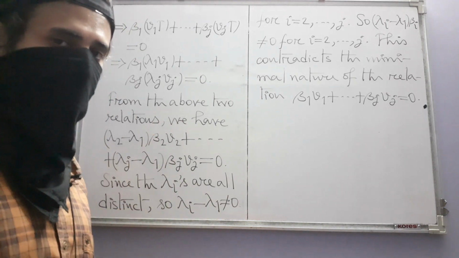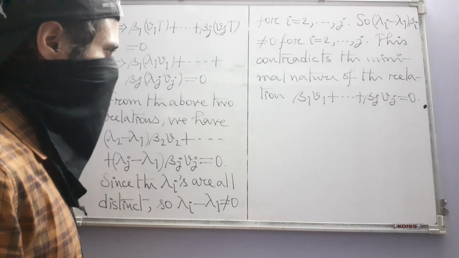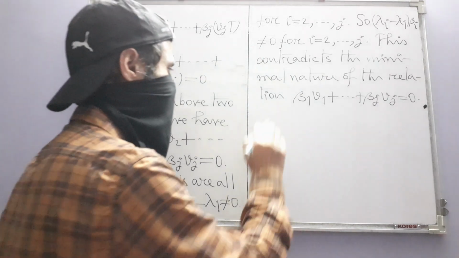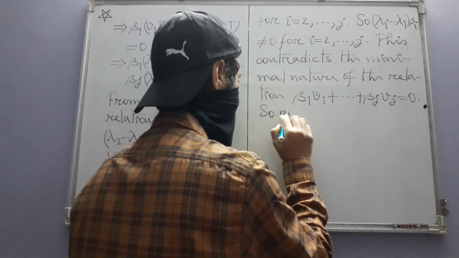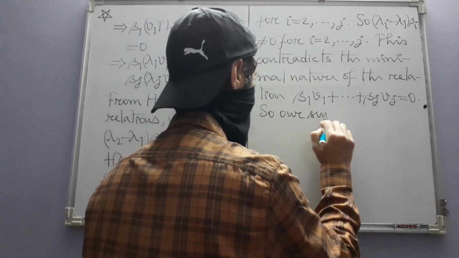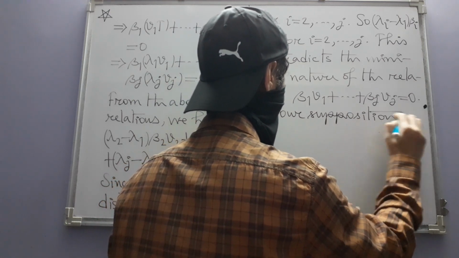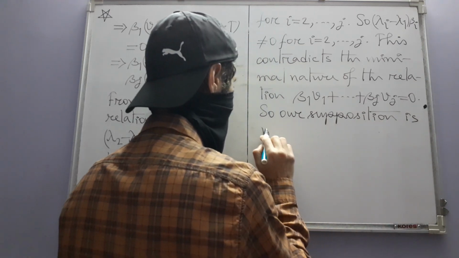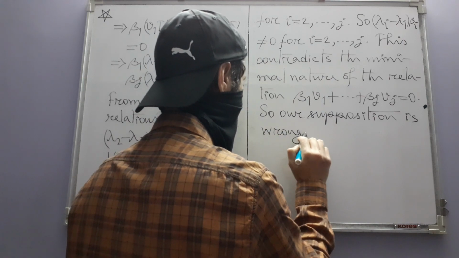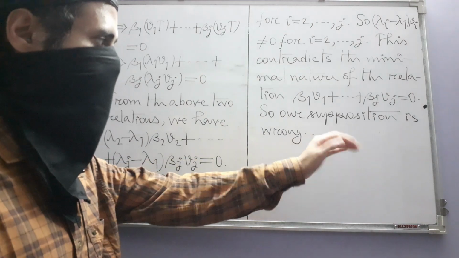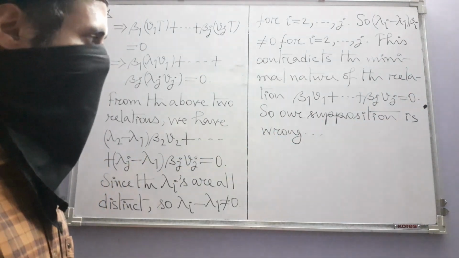In the beginning itself, we supposed that the vectors vi form a linearly dependent set. So our supposition is wrong, and that's why, of course, you can complete this proof by writing the final line.